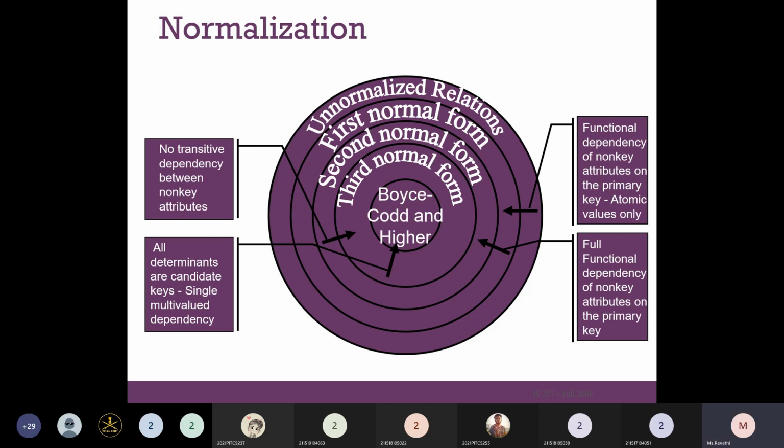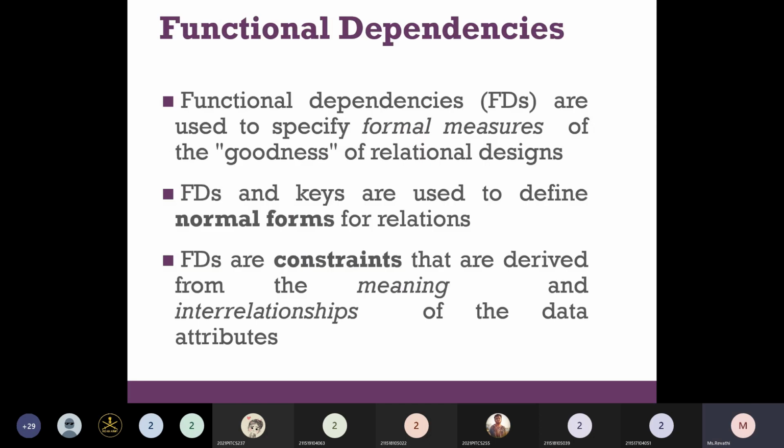Before we talk about the normal forms, let me introduce key factors which help us to refine your database design through normalization. There are two important key terms: functional dependencies and keys.